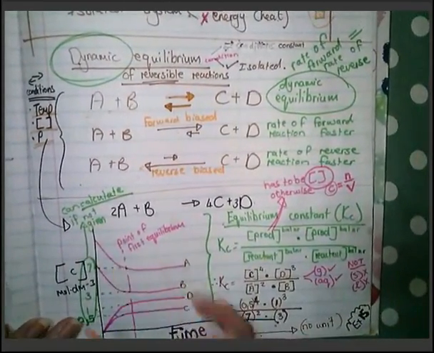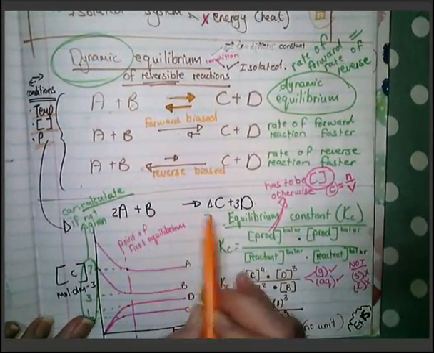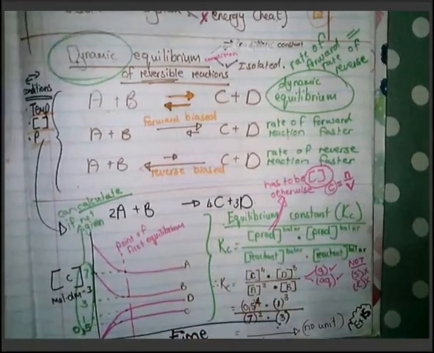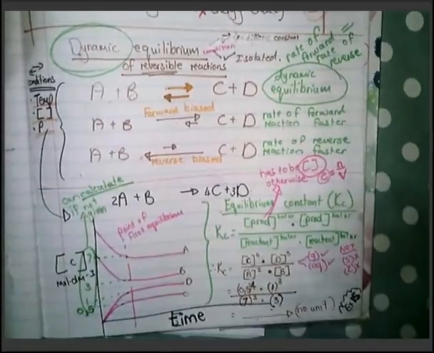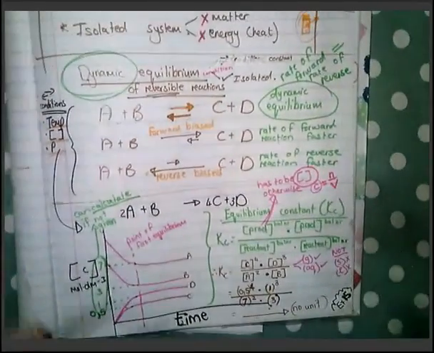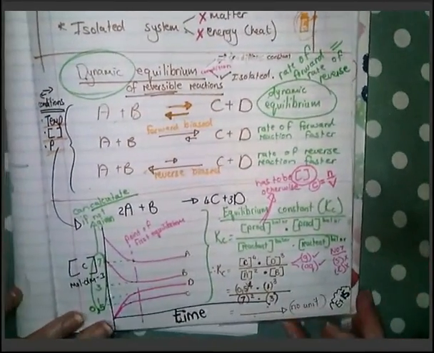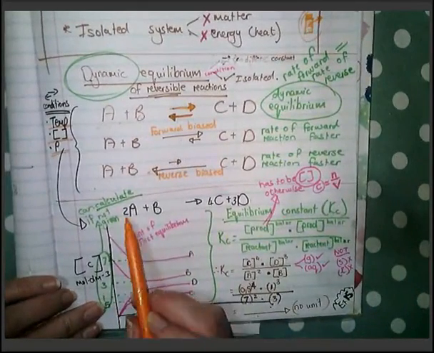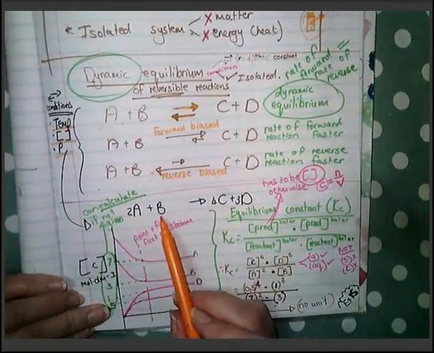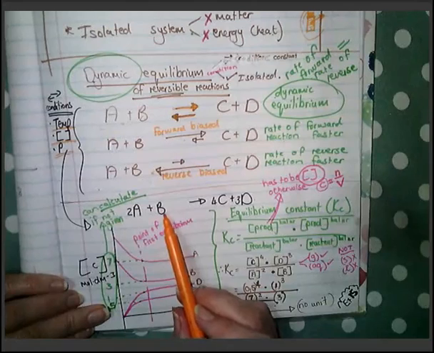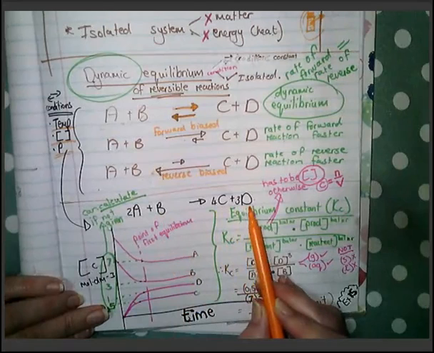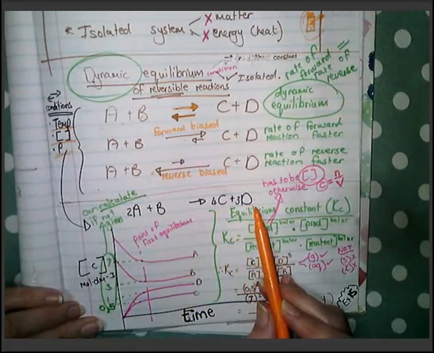Okay, so what happens here is A and B reacts to form C and D. I chose just any random balancing numbers to just show you what I'm trying to say. So according to the balancing numbers, 2 moles of A is reacting with 1 mole of B to form 4 moles of C plus 3 moles of D.